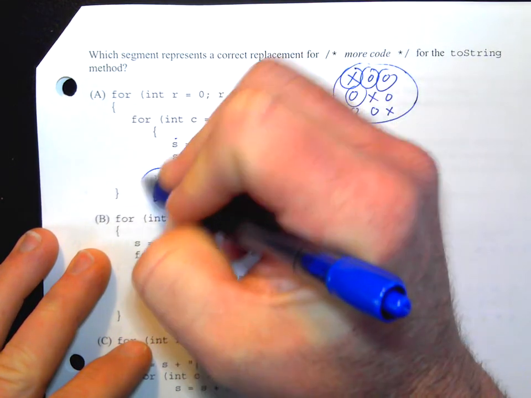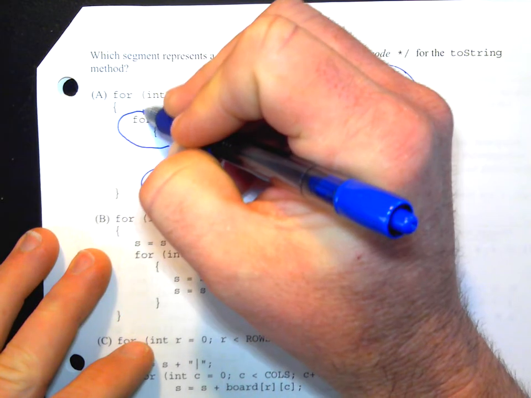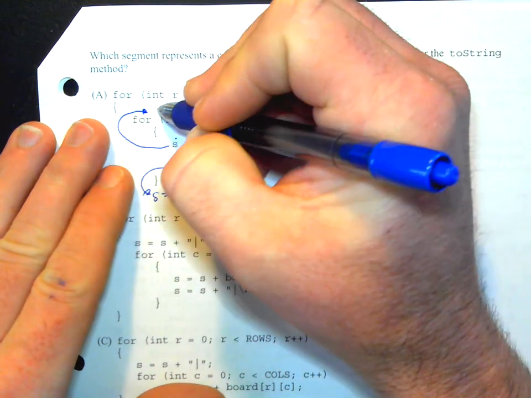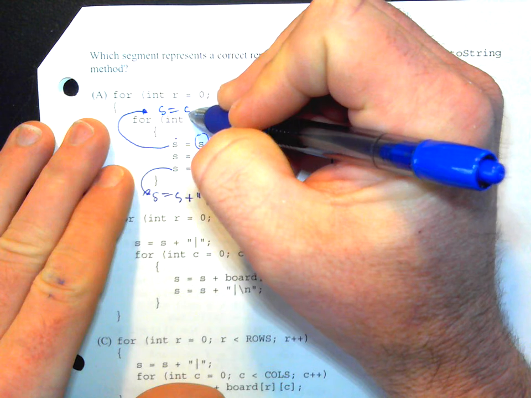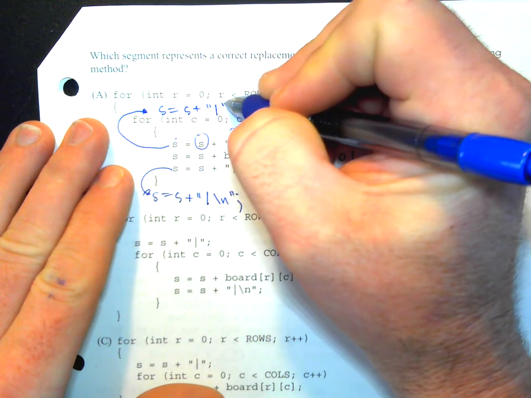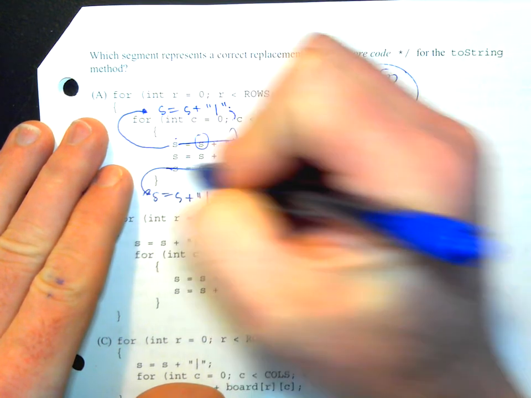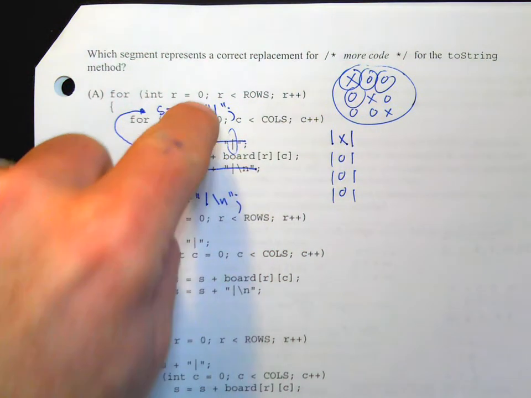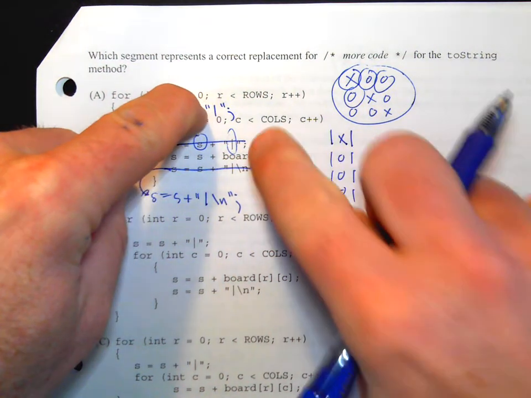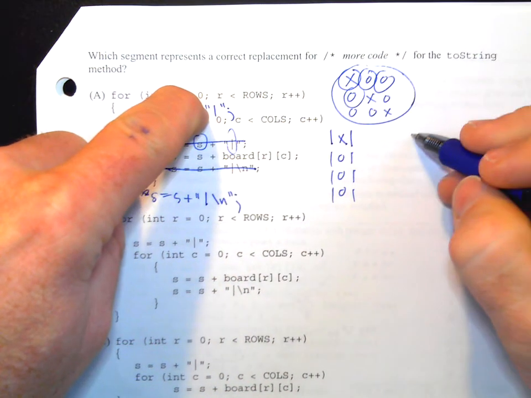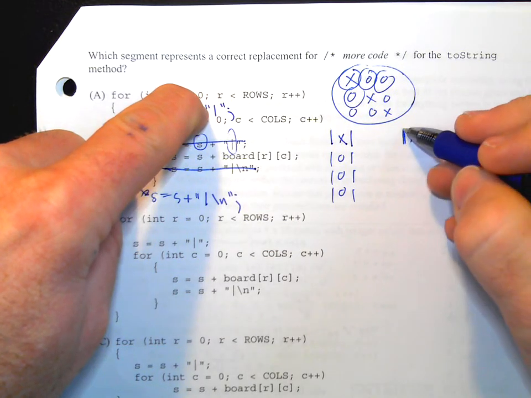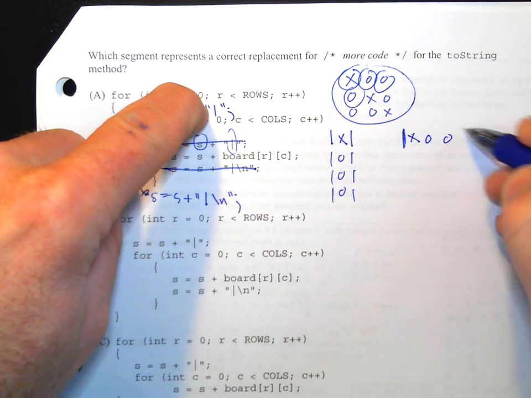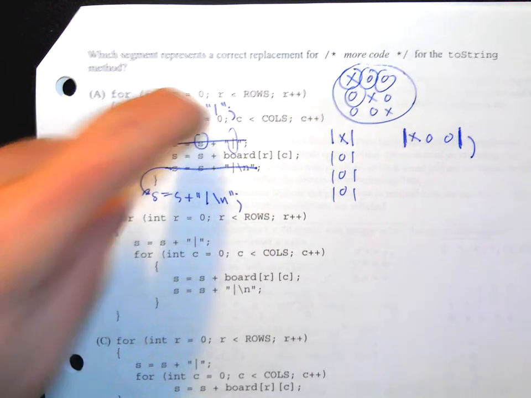So this needs to happen here. This needs to happen before going through the whole row. You need to do the S equals S plus. Okay, so these need to get moved out, and then it'll just do it once and then we won't do the new line until we've finished it. And so this would give us this, and then it'd do X O O, and then it would do this, and then it would do the new line. So I think that's what we want to do.